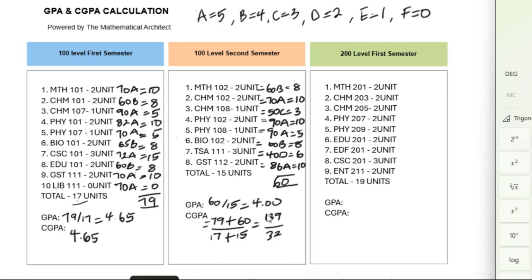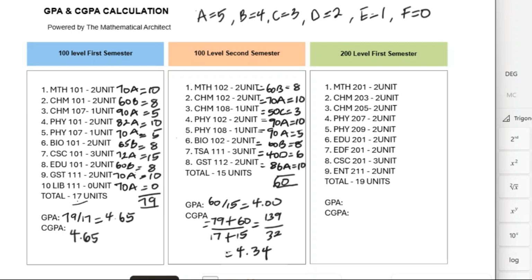So if we divide that, that will be 139 divided by 32, and that will give us a cumulative CGPA of 4.34. So this will be your CGPA at the end of 100 level second semester.